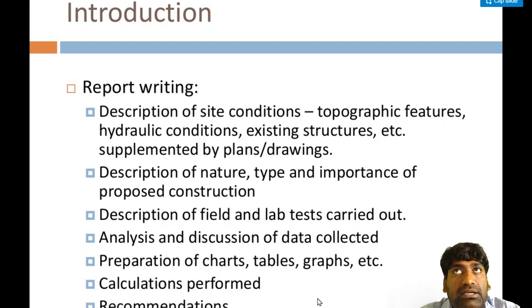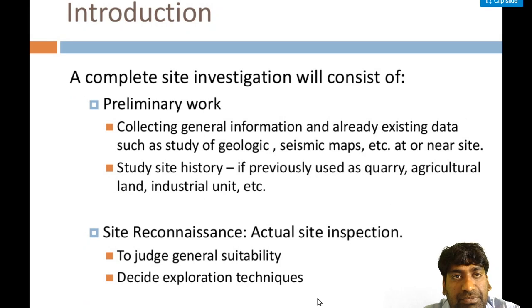Now after conducting all these things, you have to be very proactive in report writing. In the report: description of the site condition, topographic features, hydraulic condition, existing structures, etc., supplemented by plans and drawings, description of the nature, type and importance of the proposed construction, description of the field and lab tests carried out, analysis and discussion of the data collected, preparation of charts, tables, graphs, etc., calculations performed, and recommendations.